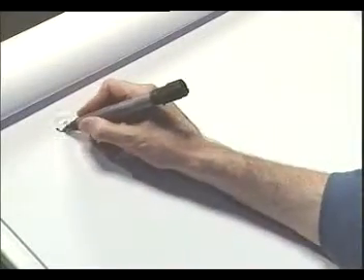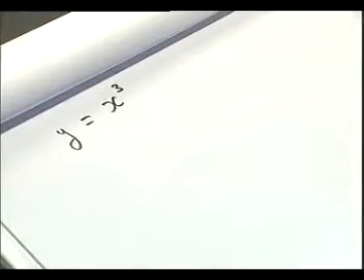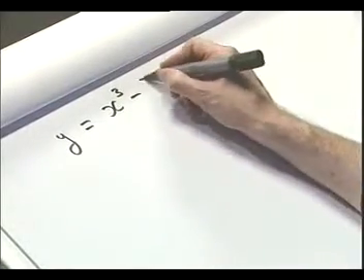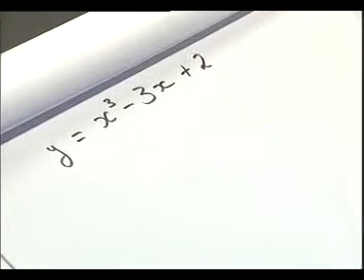It's time now to actually look at an example or two and see if we can make use of this test in order to sort out the turning points on a curve. So the first example we're going to have a look at is y equals x cubed minus 3x plus 2.